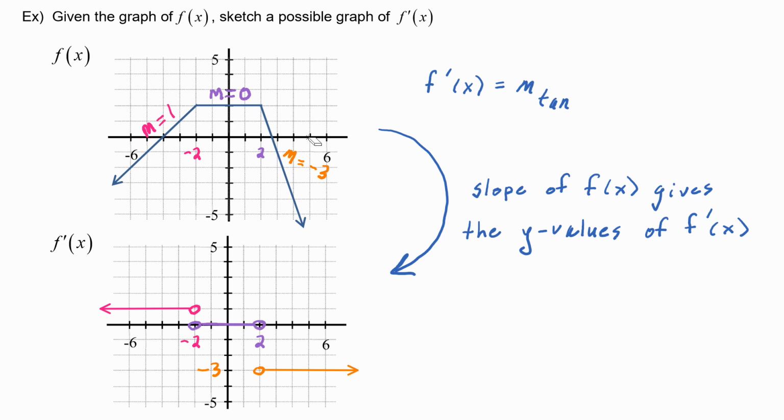And then from 2 to infinity, the slope of f is negative 3, which means the y values of f prime have to be negative 3. Now the slopes of f were pretty easy to find in this case because of the linear pieces. Typically, we're going to be dealing with curves, and so rather than getting an exact slope, we're going to have to estimate the slopes. So let's see how that works.